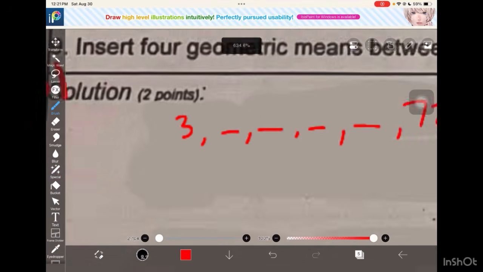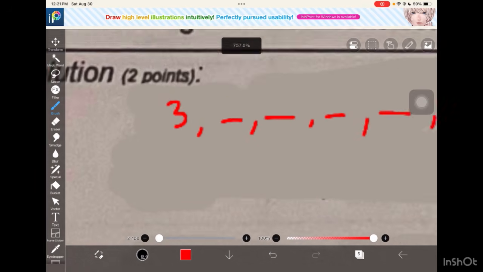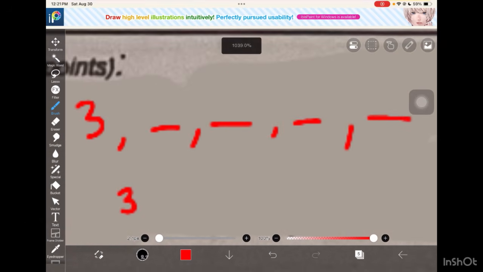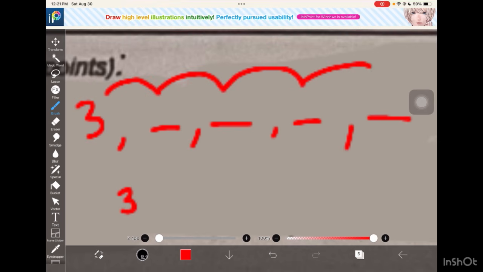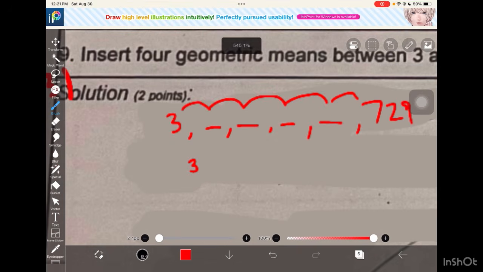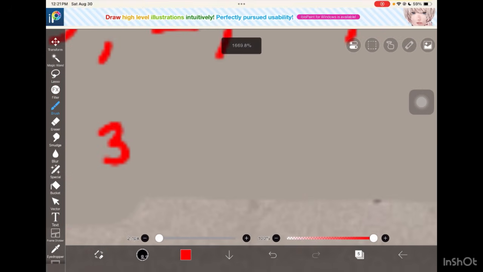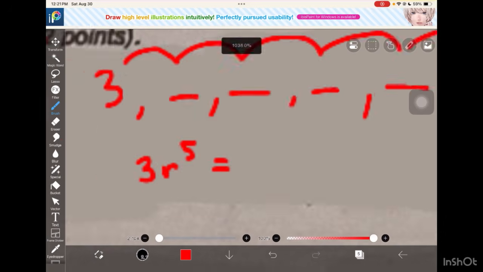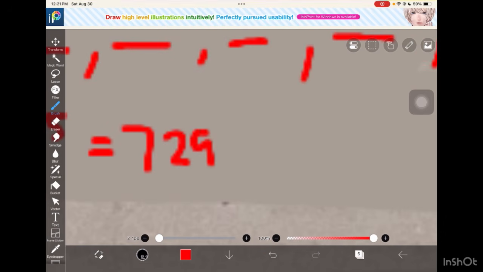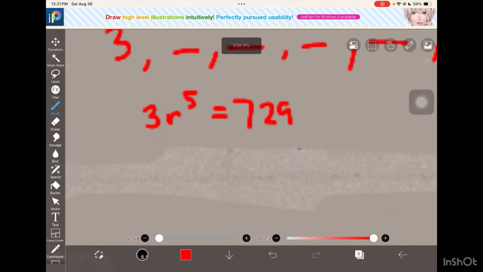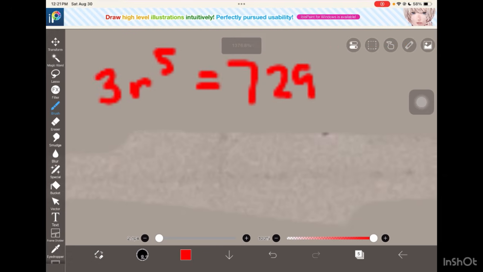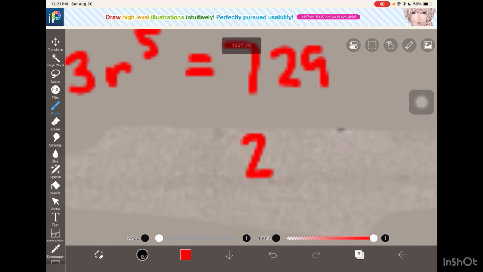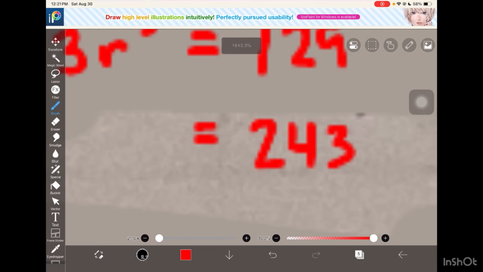We have to make an equation here. 3, our first term, times r, times r, times r, times r, times r. So r raised to 5 times 3 is equal to 729. Let's divide both sides by 3. So 243 is equal to r raised to 5.